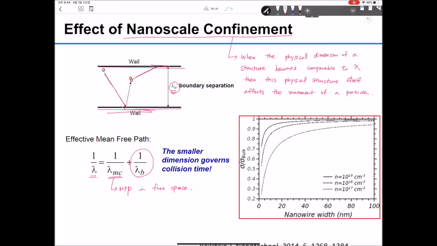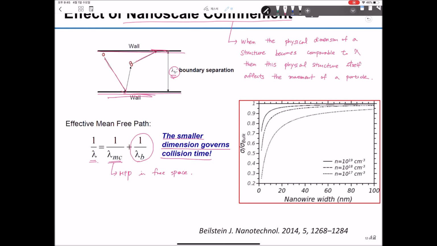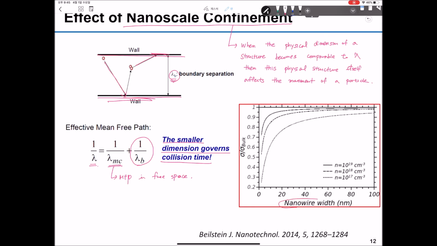Okay, so here what I want to emphasize is that the smaller physical dimension governs the collision time. So if the dimension becomes small enough and somewhat similar or slightly larger than the original mean free path, then it starts to interact with the movement of an atom. Okay, so it governs the collision time. So this is the nanowire width. I'm not sure if this is silicon or gold, but this is the nanowire width, and here this is the conductance over bulk.